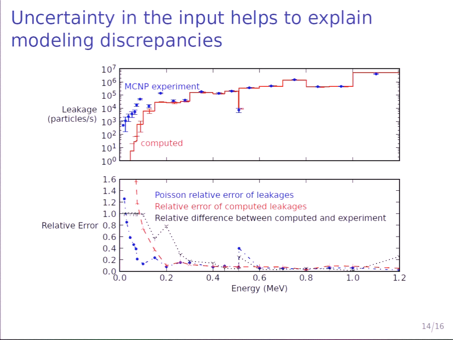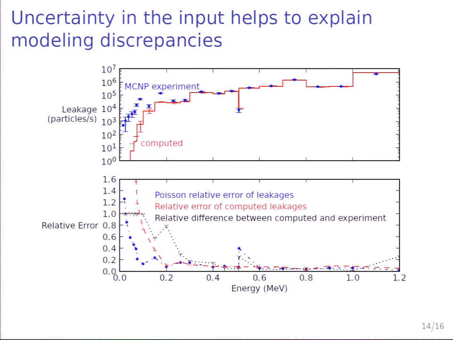So the key is that those are two distinct approaches, and there's going to be discrepancies between the two. And I do scale the error of that experiment based on counting statistics, which would be what you would do in an experiment. So it's at least comparable to what an experiment would be.